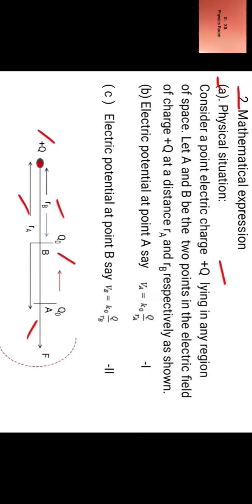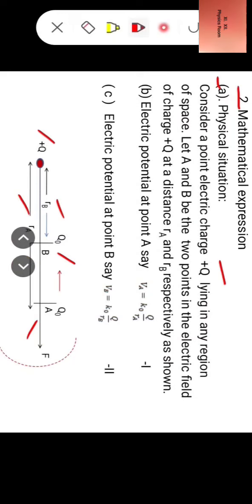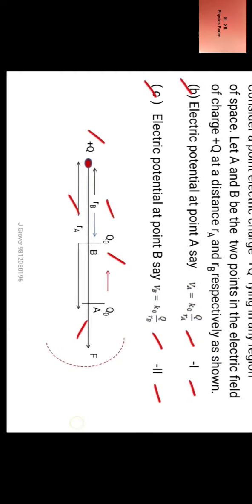So this is the physical situation. B. Electric potential at point A, say VA, that is equal to K0 Q by RA. Let us mark it as equation 1. C. Electric potential at B, say VB, is equal to K0 Q by RB. Let us mark it as equation 2.